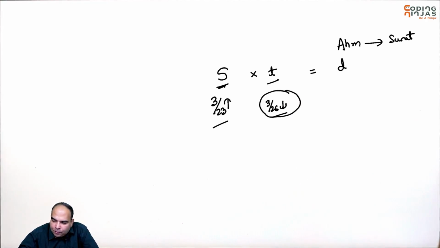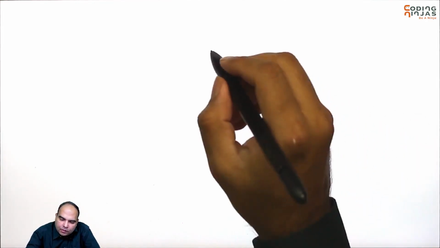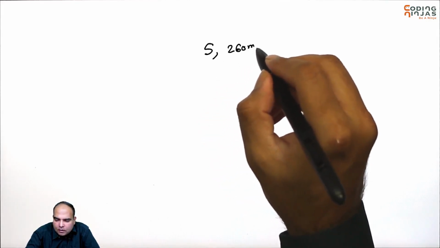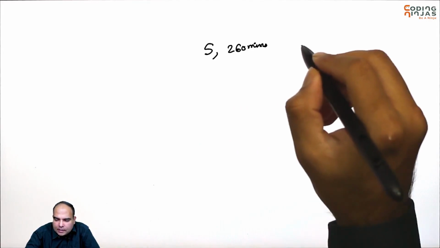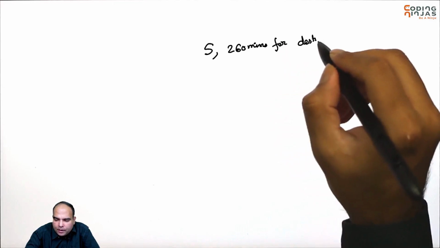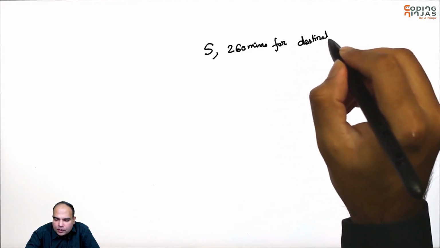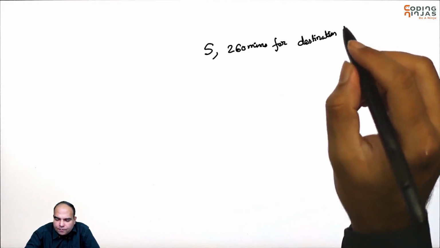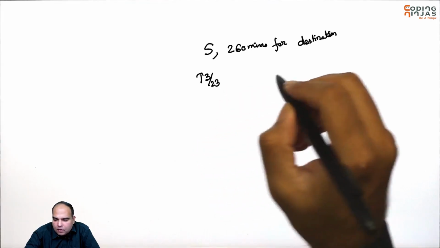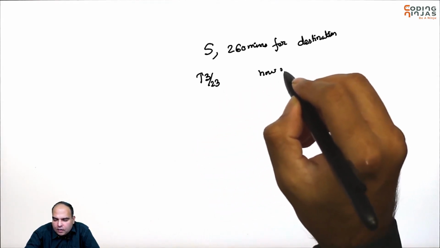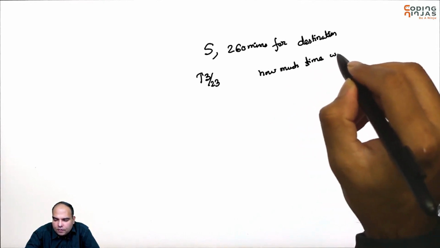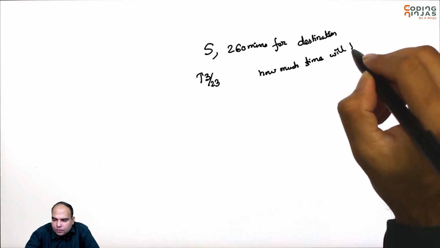And suppose I frame a question on this. A man is going at a certain speed and it takes 260 minutes to reach his destination. If he increases his speed by 3 by 23, how much time will it take to cover the journey now?